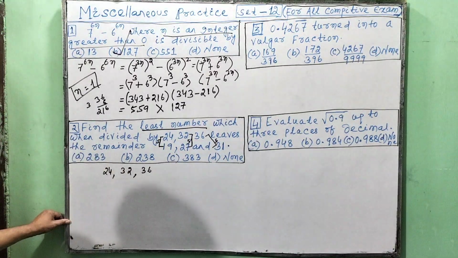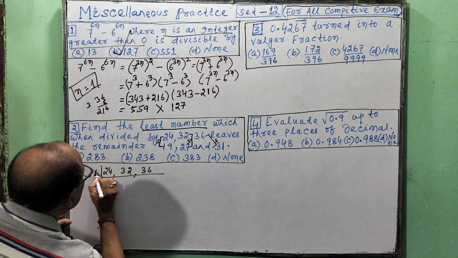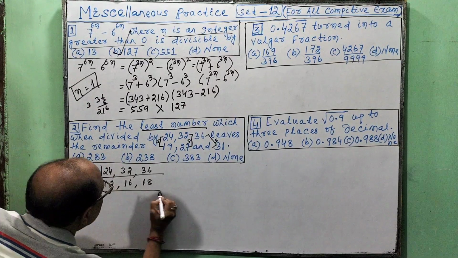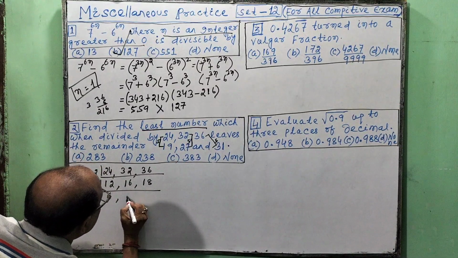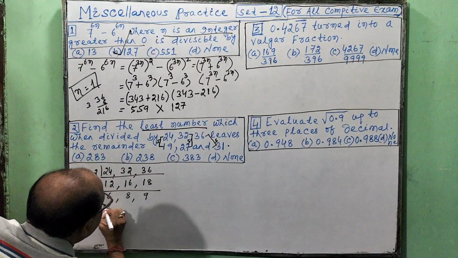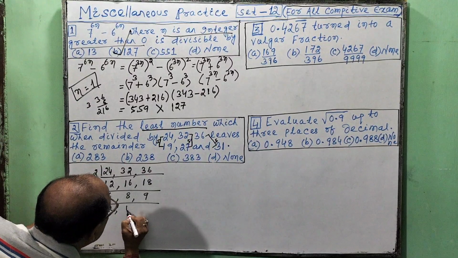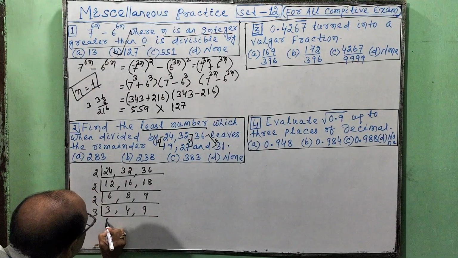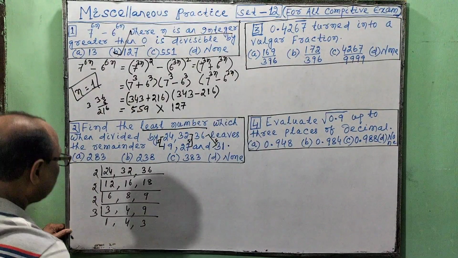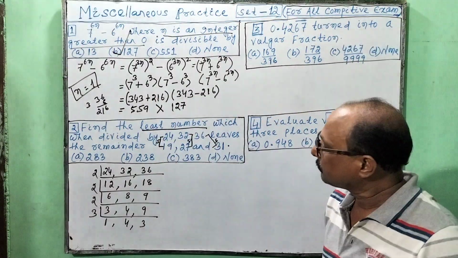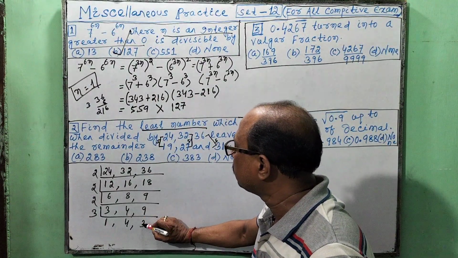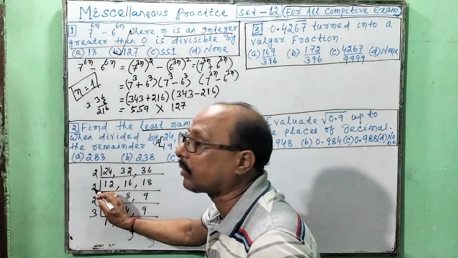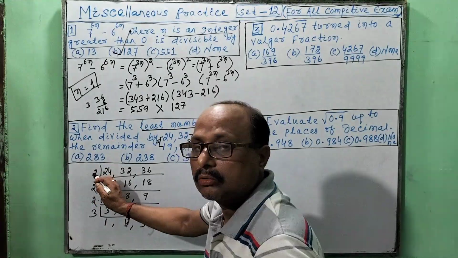Dividing by 2, 2, 2, 2, then 3, 3 and so on, the LCM is 2 times 2 times 2 times 2 times 2 times 3 times 3, which is 288.